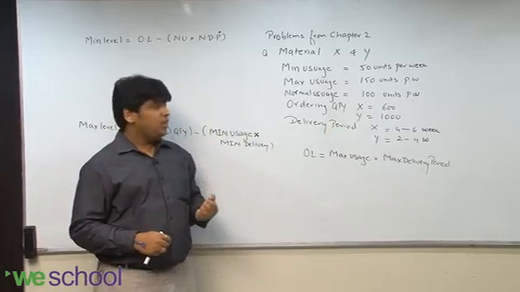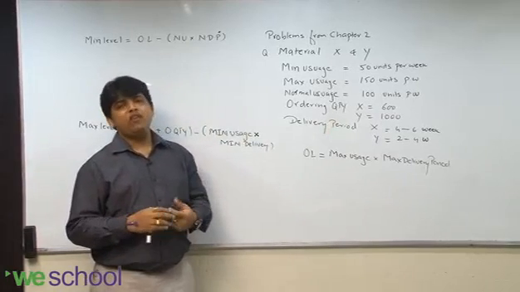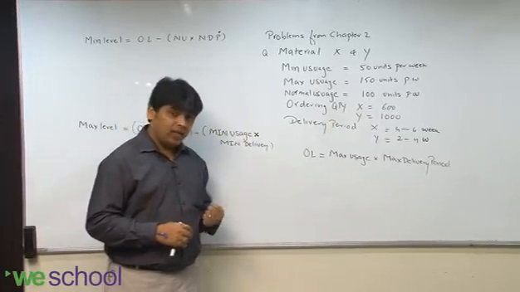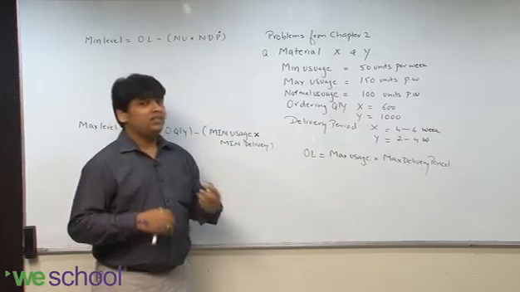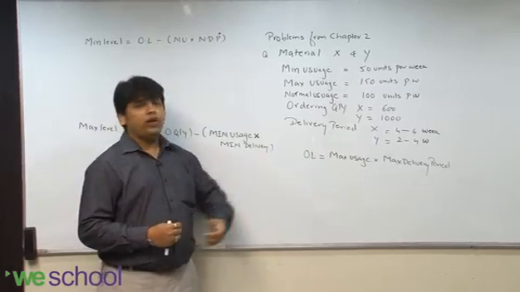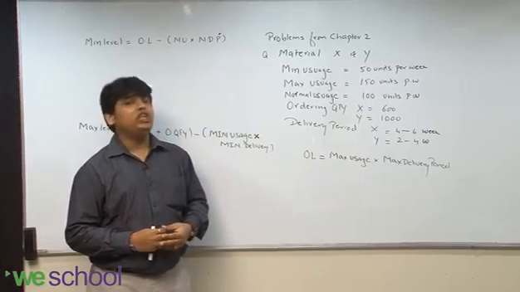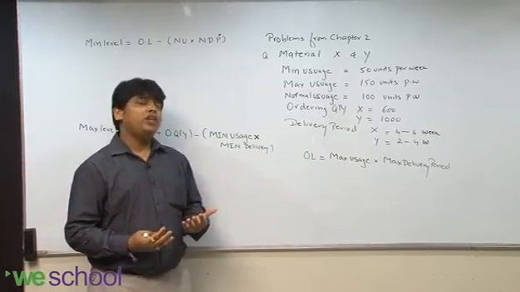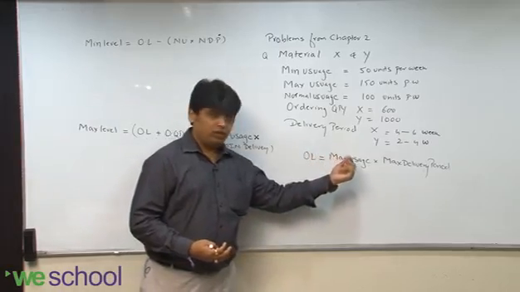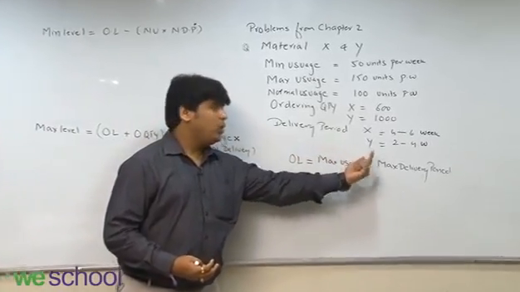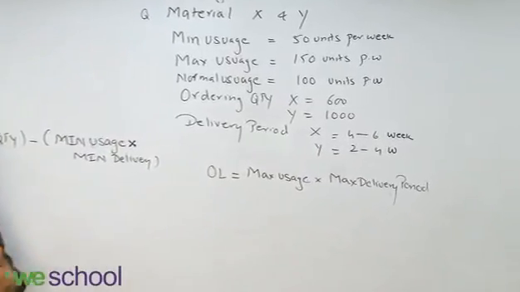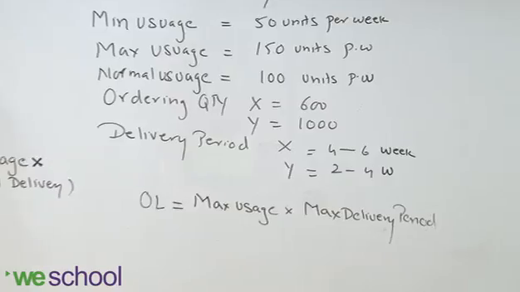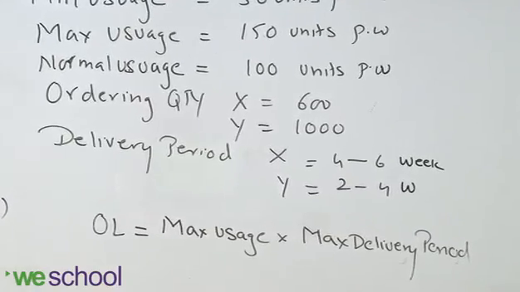So for X, the normal delivery period is 5 weeks. And for Y, 2 plus 4. I repeat, normal delivery period is nothing but the average of the minimum and maximum delivery period for each product. To find the average, get the total of both the weeks, minimum and maximum: 2 plus 4 divided by 2, that means 3 weeks.